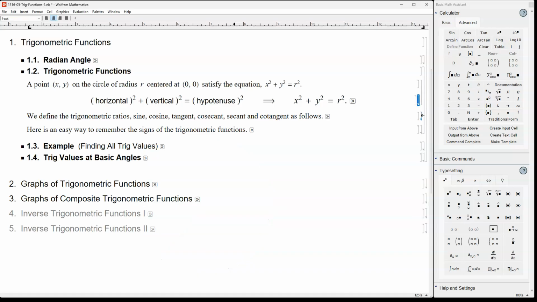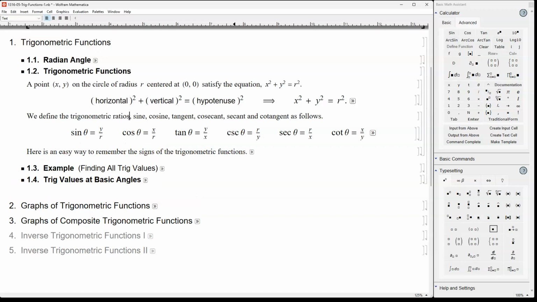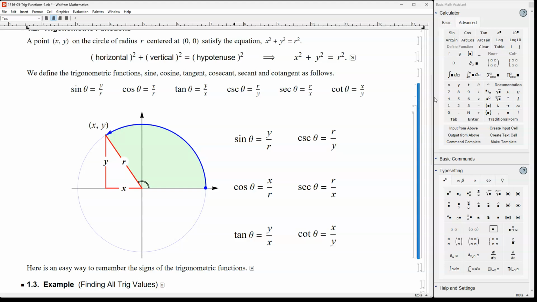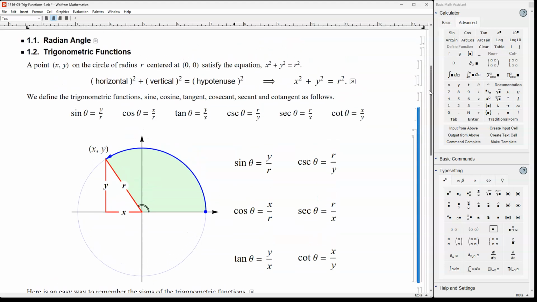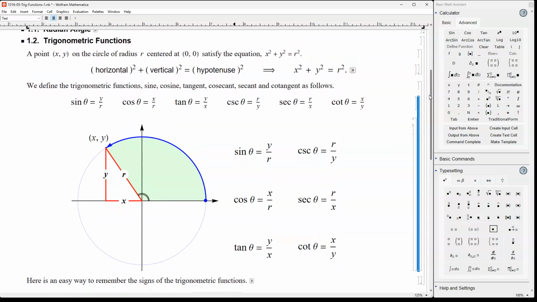Alright, now that we have the circle, we define the trigonometric functions, not the ratios. Sine of theta, cosine of theta, tangent of theta are defined as y over r, x over r, and y over x respectively.